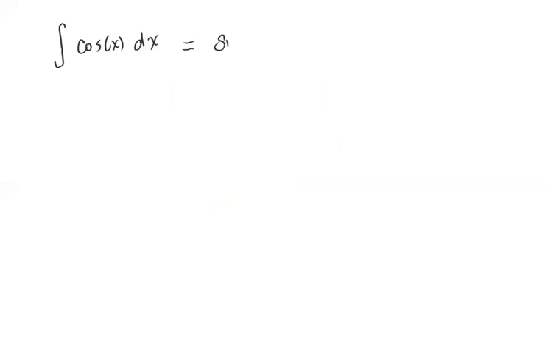Well, that function is the sine of x. I'm not going to do the intro examples for these. I'm just going to write down what the rule is. The antiderivative of cosine is sine, and because I'm taking the indefinite integral, I have to add that constant c to the end. Similarly, the antiderivative of the sine of x with respect to x is equal to the cosine of x plus c.